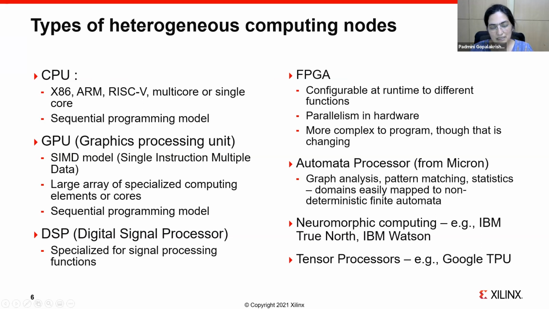So these are also specialized chips which can be used again to accelerate certain types of computing. Then, of course, we have tensor processors, for example, the Google TPU, which came out a few years ago. These are basically chips which are very, very tuned to machine learning type of workloads. So they do tensor operations very, very efficiently.